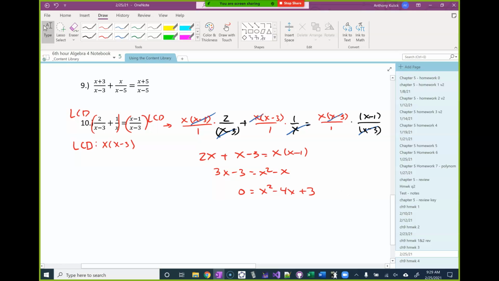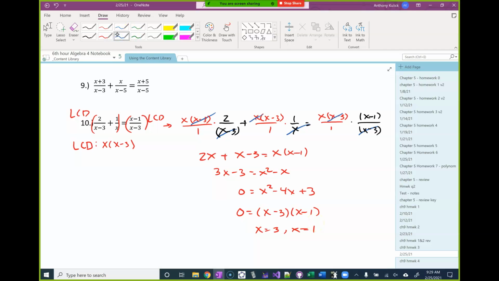Since I saw that I had a leading coefficient of 1, things are easier to factor if it's positive. So I'm just going to look for two things that multiply to give me positive 3 and add to give me negative 4. That would be negative 3 and negative 1. So when I solve that, my answers are 3 and 1.